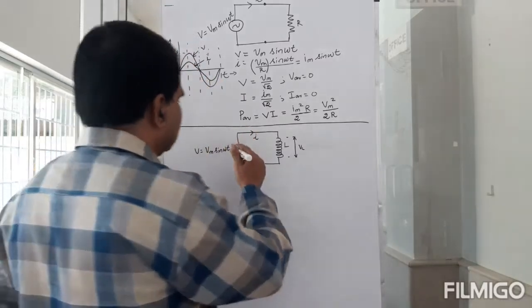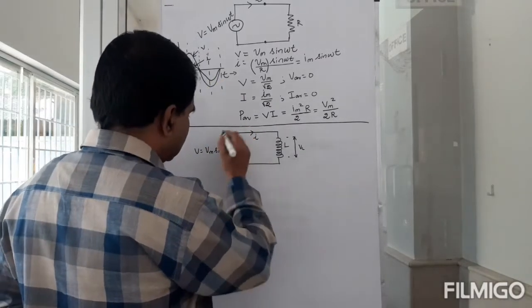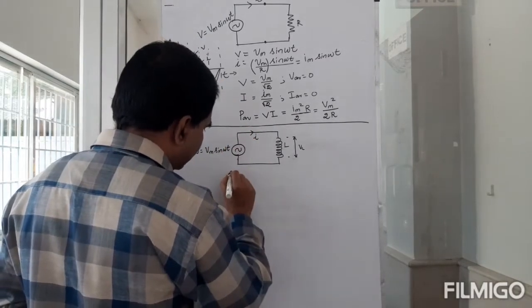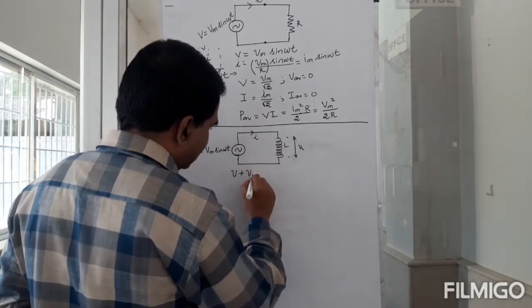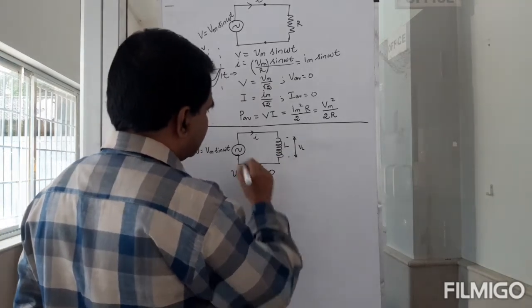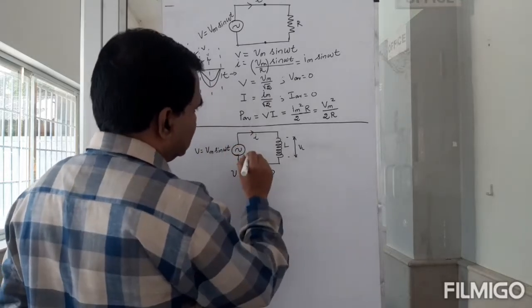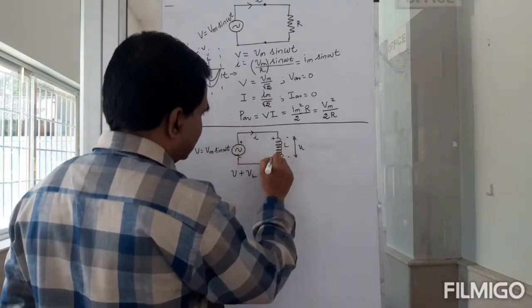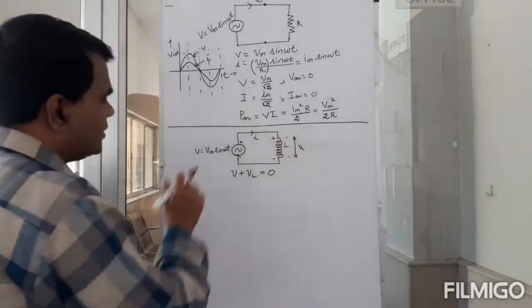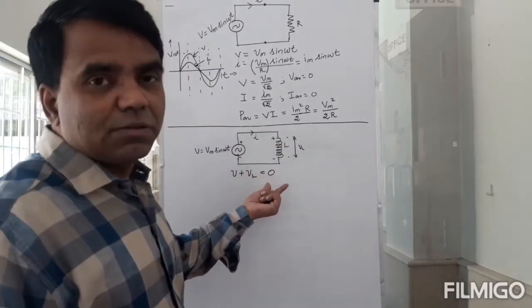So what I will say is that using Kirchhoff's law, this V plus this VL must be equal to 0. This should also oppose it. If this is plus, minus, that should be plus and minus. It should oppose that. So V plus VL equal to 0.